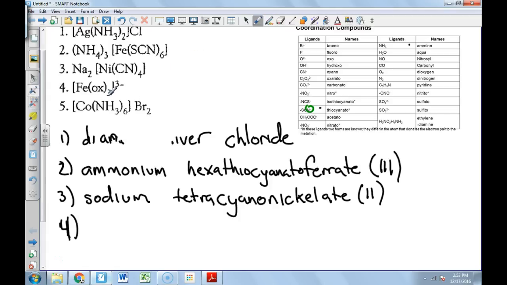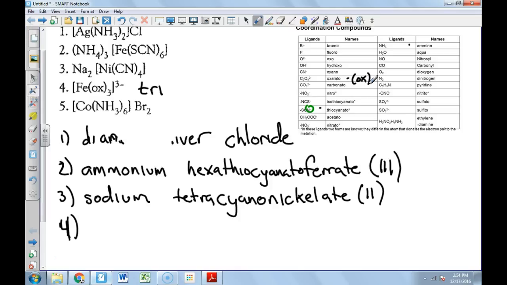The standard prefix for 3 would be tri. You'll find that OX over here is oxalato. It's abbreviated OX, so that way we don't have to write out C2O4 2 minus.